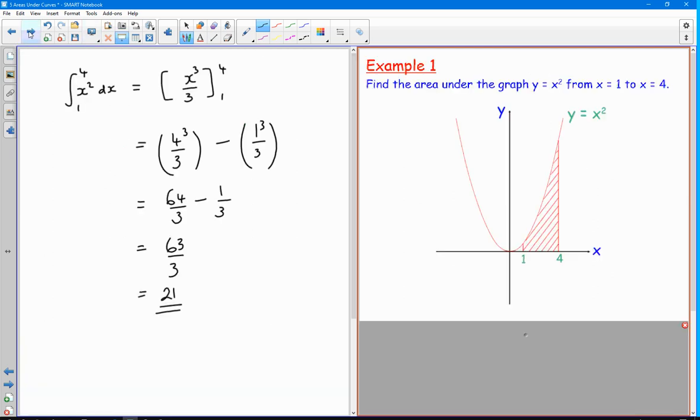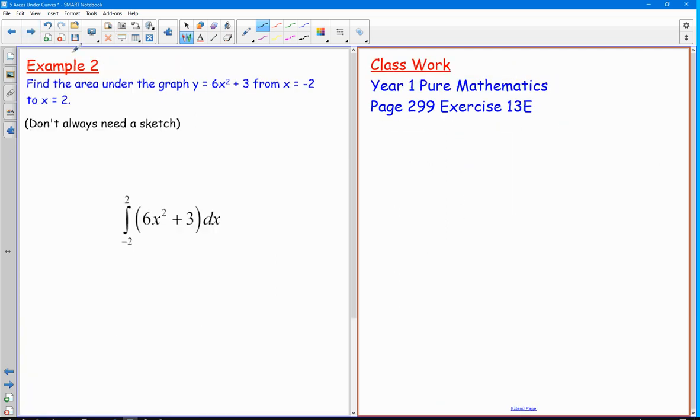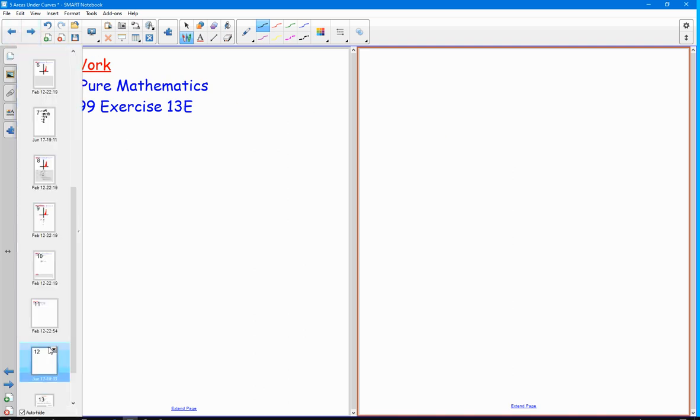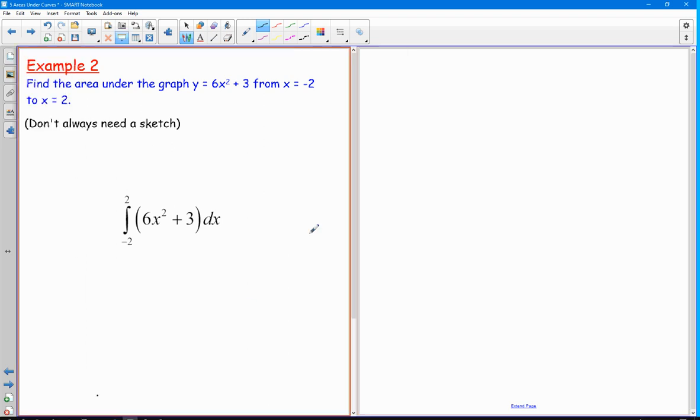Let's look at another example. So we're going to have a look at integrating this function. We don't always need to have a sketch because all we're doing is a definite integral.